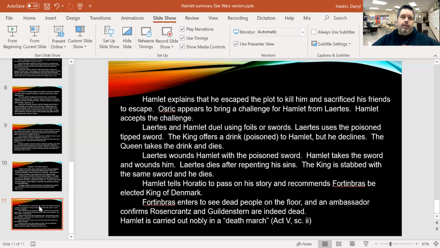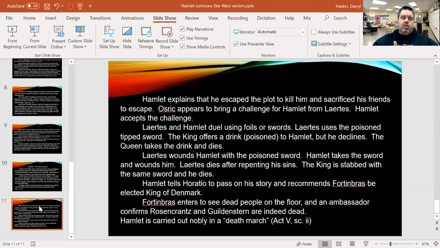And so then Laertes realizes he's going to die pretty soon. He asks for forgiveness. He even states that it's all Claudius's fault, and he also says to Hamlet that you are free of any judgment from me and anyone else. This wasn't your fault. And so Hamlet apologizes to him.